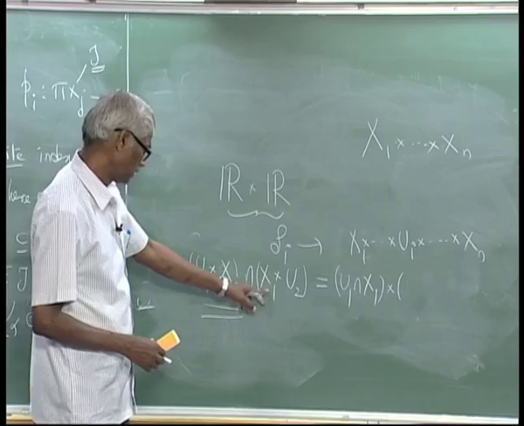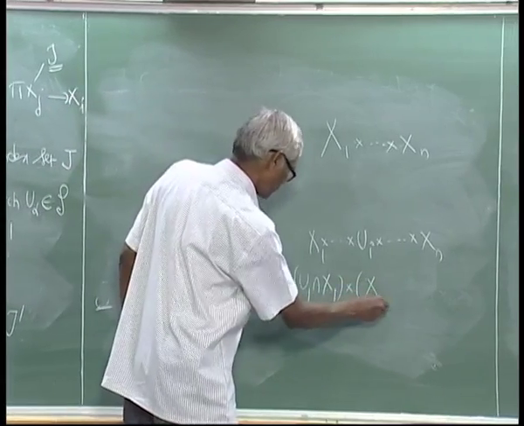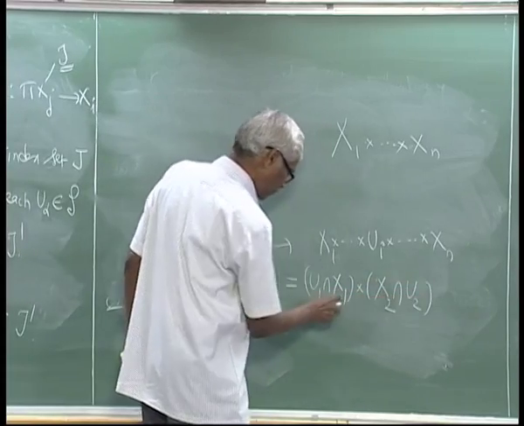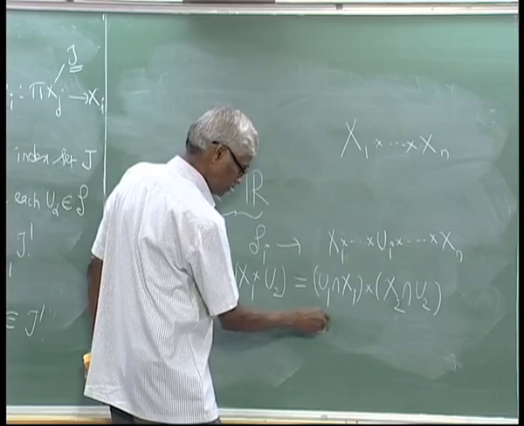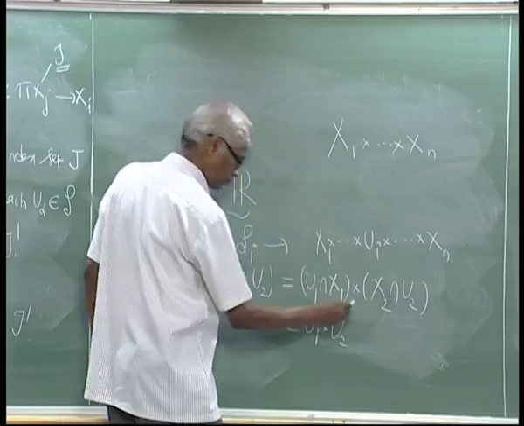So U1 intersection X1 cross X2 intersection U2, but U1 is a subset of X1 and U2 is a subset of X2, so this is U1 cross U2.